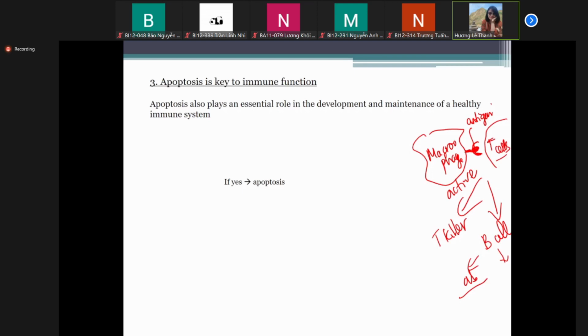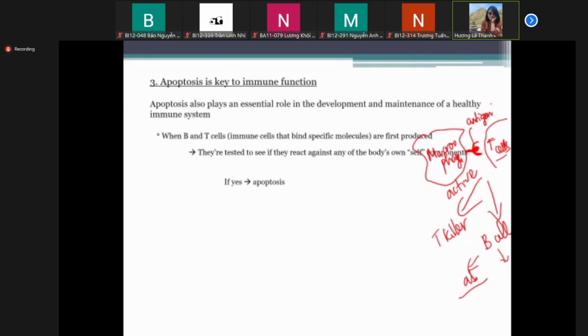So what is the role of apoptosis in this process? When B cells and T cells are first produced, they need to be tested on whether they react against our body's own cell components or not. If, instead of attacking the pathogens, they attack our body's own cells, we have trouble.